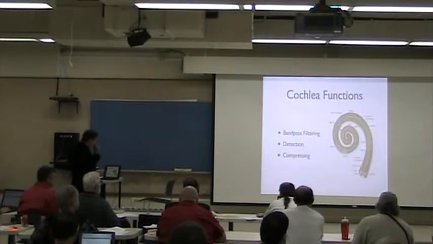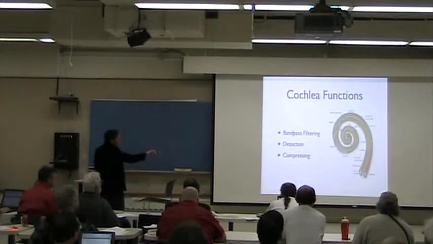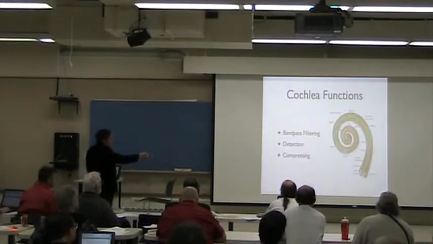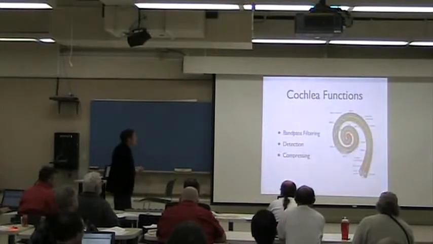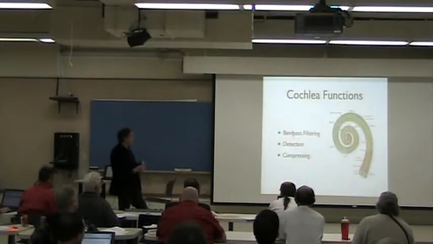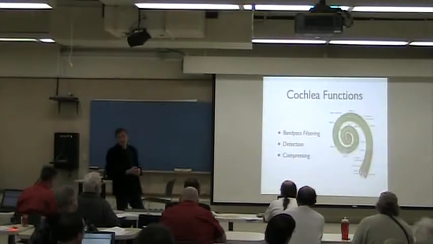Basically, the cochlea is a snail-like or spiral-like device which executes 3 different functions. First of all, it's a bandpass filter.